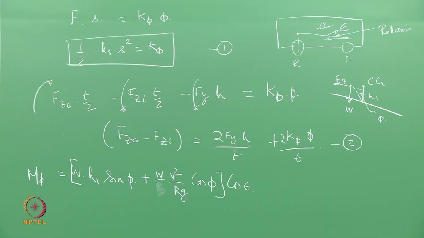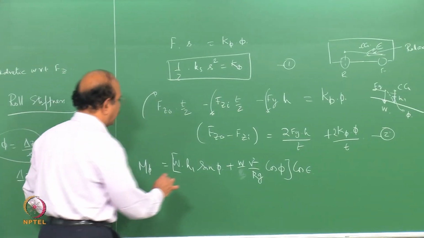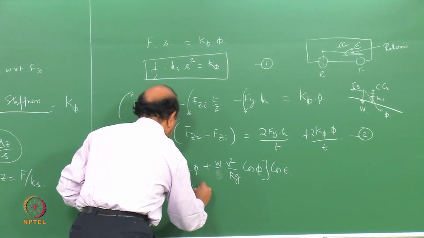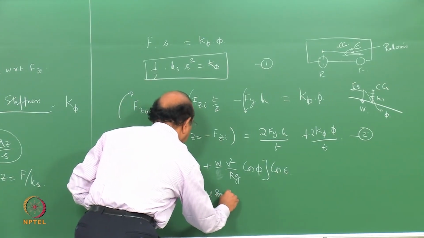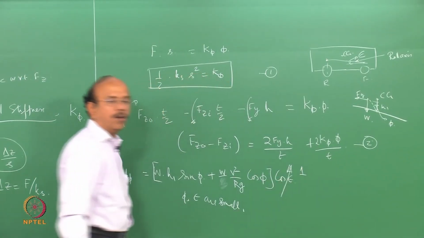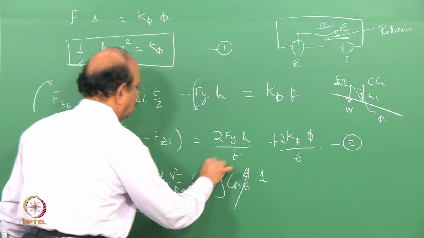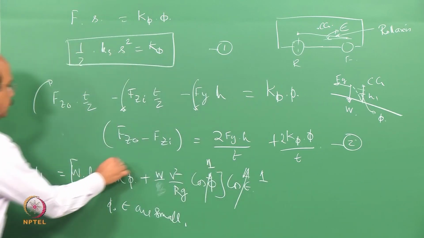So that would be cos epsilon. Now I'm not going to make it so complex. I'm going to assume that phi and epsilon are small. Okay, so that becomes 1. This becomes 1, and that becomes phi.